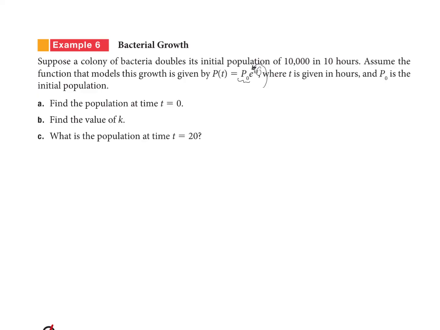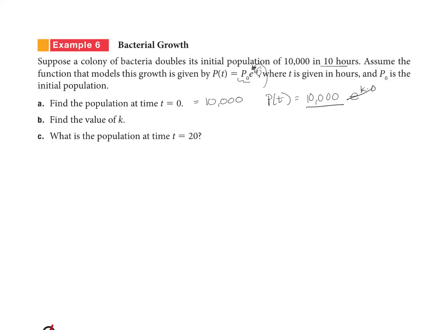And so find the population at time t equals 0. That's just going to be your initial time, right? Like just think about that at 0 time. If you're starting with 10,000, e, doesn't matter what k is, put 0 in, boop, it's 10,000. So that's 10,000.